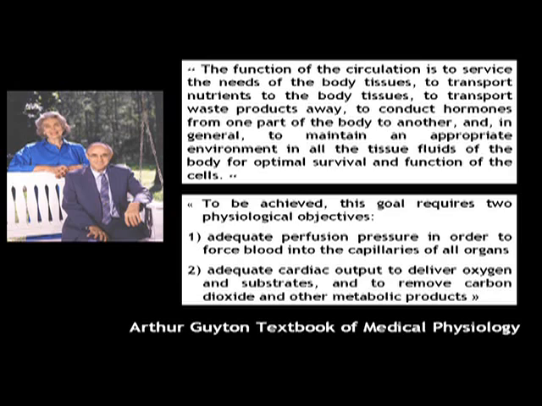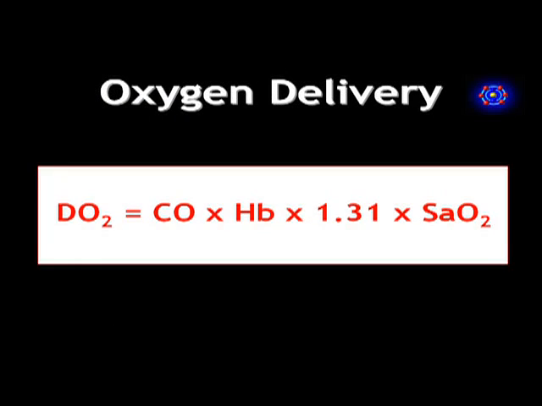But what we also learn is that we need a flow to deliver the oxygen to the tissue. And basically, the oxygen delivery equation that you can see here involves the hemoglobin, the SaO2, and the cardiac output. It also involves the PaO2, but this is negligible because it's a very low value for the oxygen delivery.